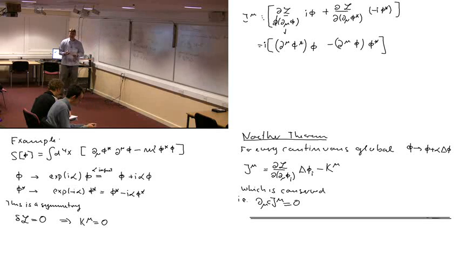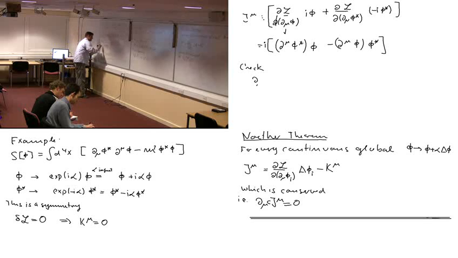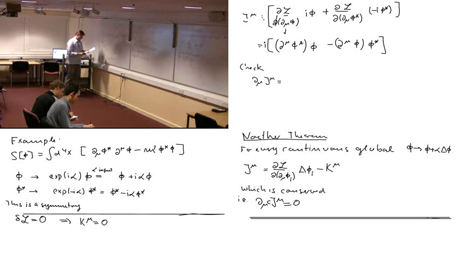Now, just as a check, let us convince ourselves that this current is actually conserved. We can explicitly calculate this. So we check d mu J mu. We can always factor out this factor of I. Now we act with the d mu over here on the first term.